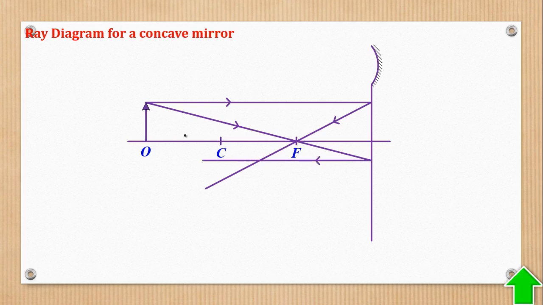I think you realize that here they are intersecting, and that will be the position of the image. Remember, these rays were starting from the top of the object. It means that where they intersect is the top of the image.